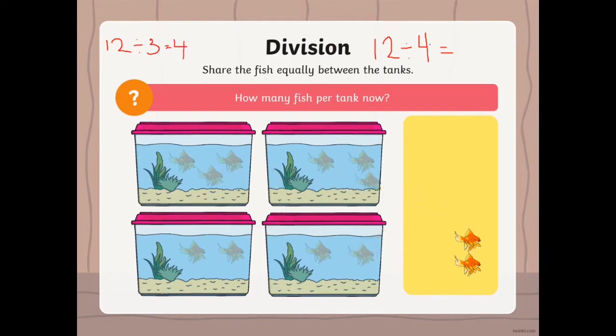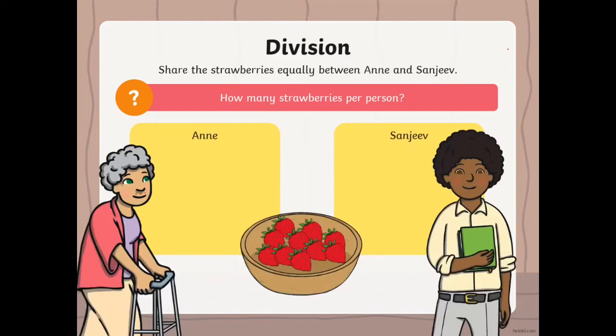Now we have 12 divided by 4, and the answer is 3. There's 3 fish in each tank. Just like multiplication, 3 times 4 is 12, 4 times 3 is 12. You could say 12 divided by 3 is 4, or 12 divided by 4 is 3.